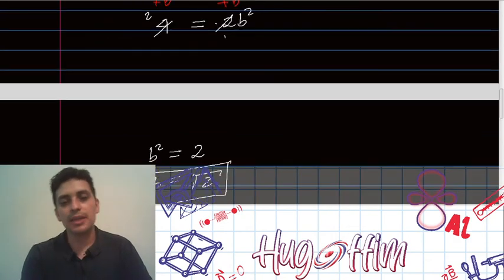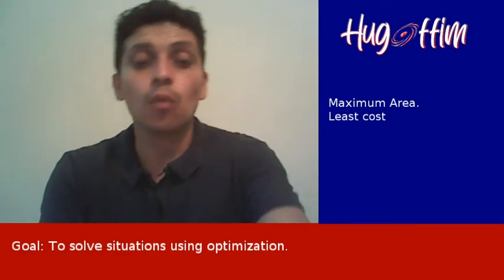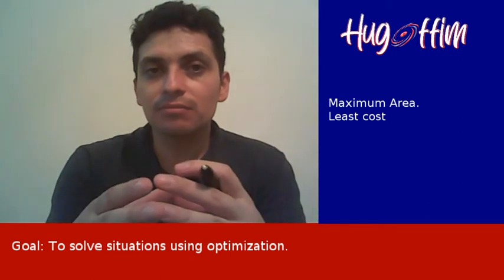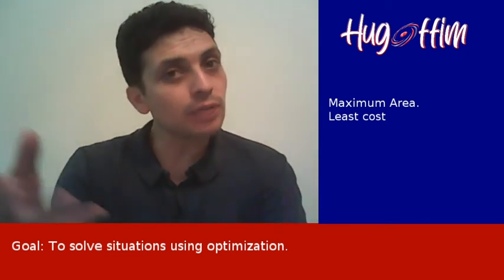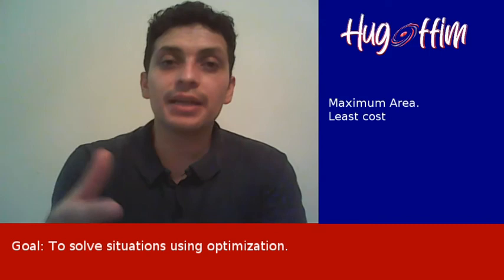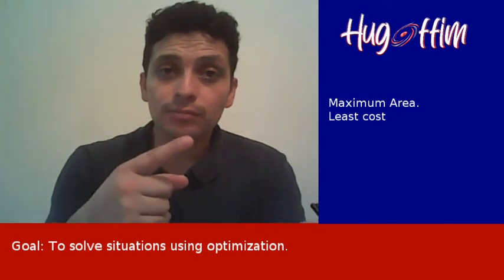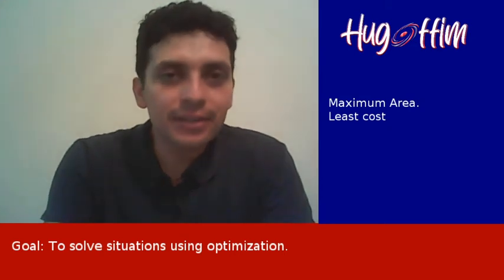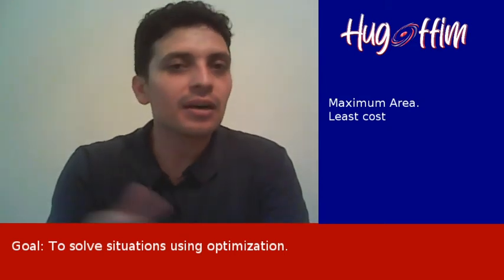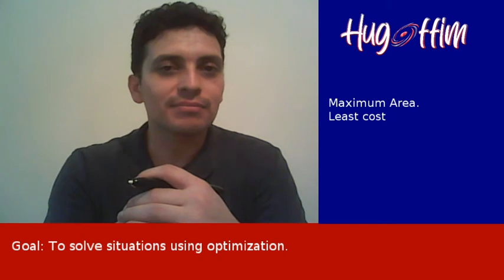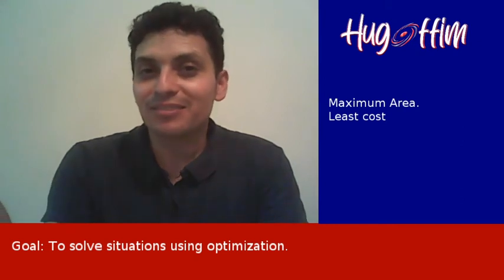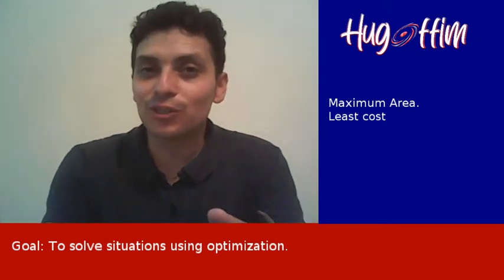So b is going to be the root of 2 according to this process. But basically what we did was just find the area, find a constraint, represent the area in terms of one variable, differentiate the area, set the derivative equals to 0, and find the dimension. Now, you know, the problem is the algebra, not the calculus.